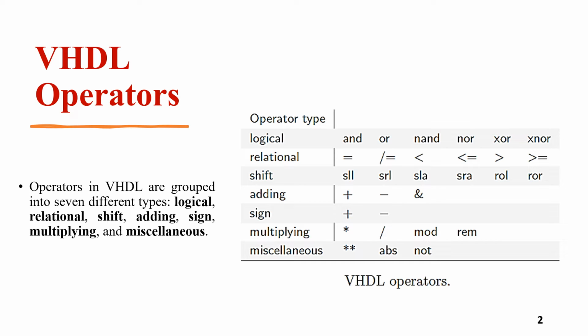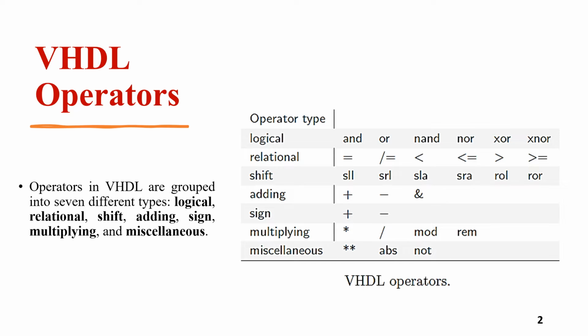And in the shift category, SLL means shift left logical, SRL shift right logical, SLA shift left arithmetic, SRA shift arithmetic to the right, ROL rotate left, and ROR rotate right.